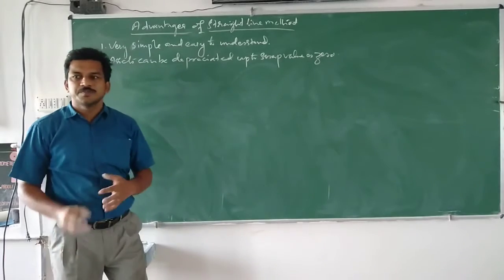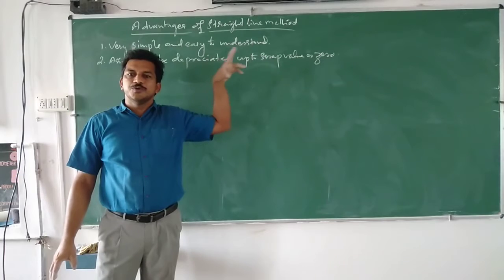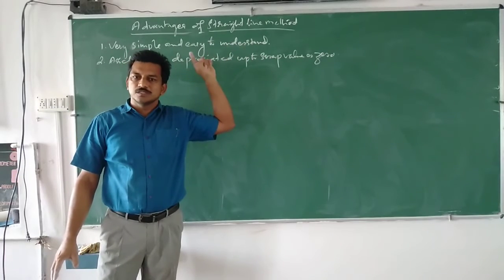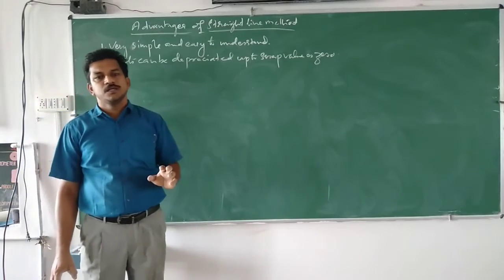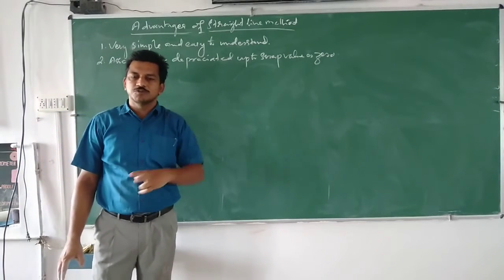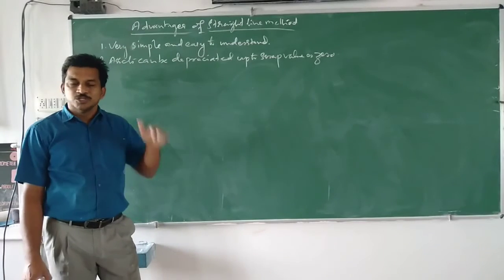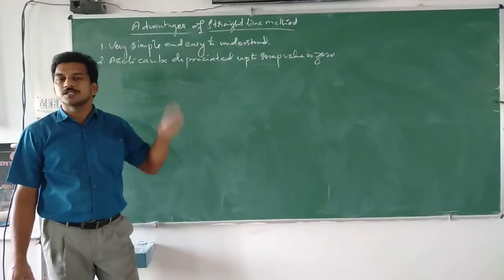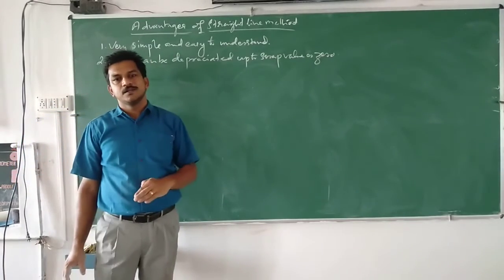What does it say? See here, in the first case, the cost price of the asset was 1,10,000 and scrap value was 10,000. So the depreciable cost was 1 lakh. So every year we are writing off 10,000. So at the end of the 10th year, what will we get?